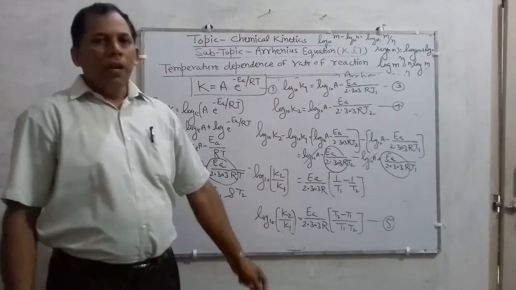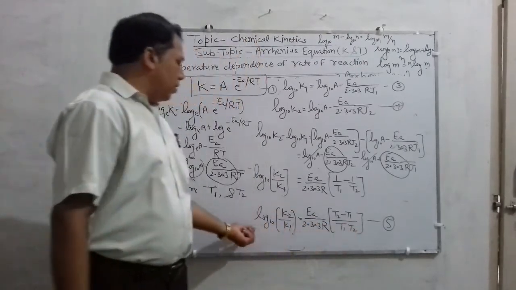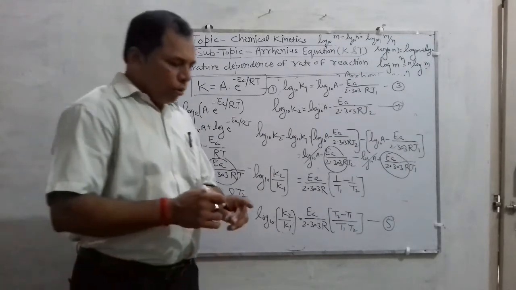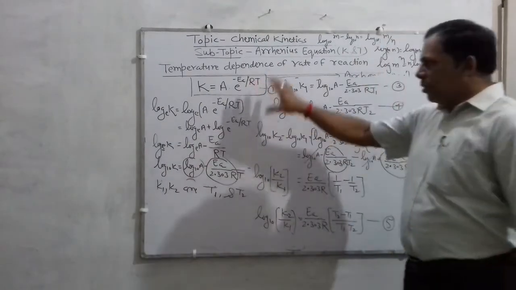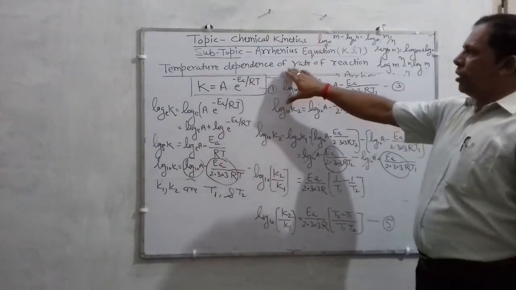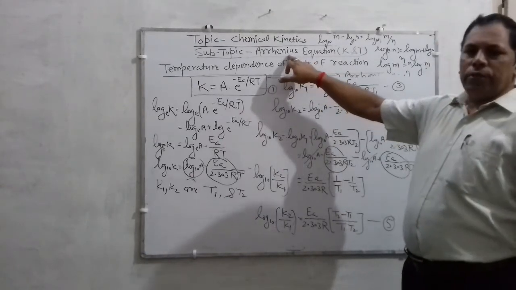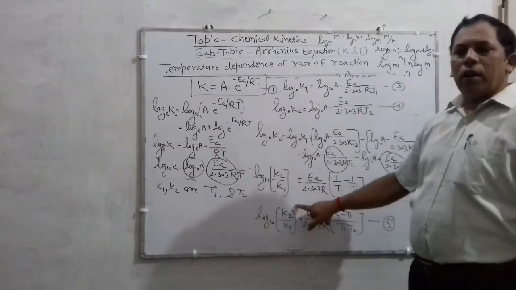So you must remember, in your book many questions are given on the basis of this very formula, so you have to solve them. So children, you must remember how this is derived. Often this question has come: what is the Arrhenius equation, and how can this Arrhenius equation be written in logarithm form.